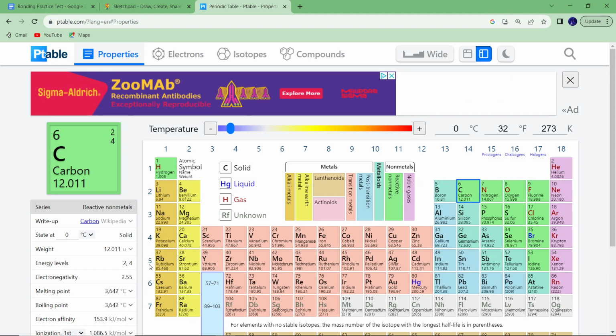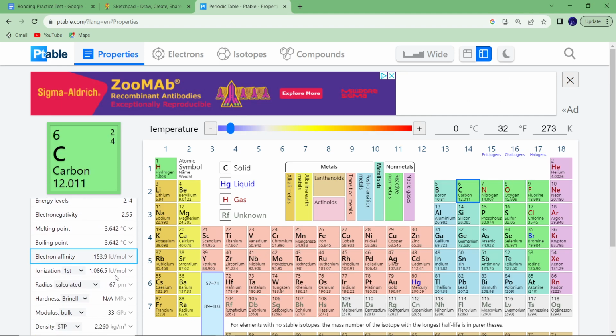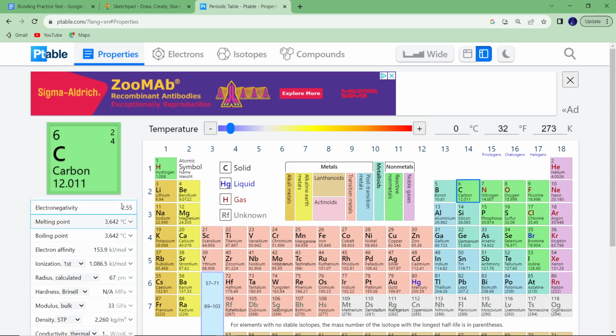And as we were talking about the radius, what we notice is that the trend generally, as we go left to right on the periodic table, is that the elements end up getting smaller. So as an example here, carbon has 67 for its radius, whereas oxygen is only going to have 48.